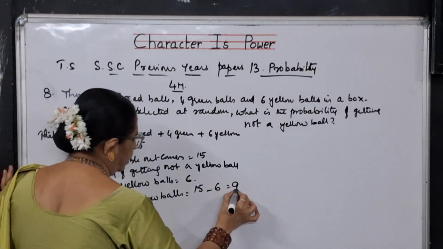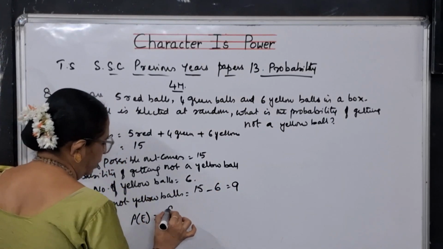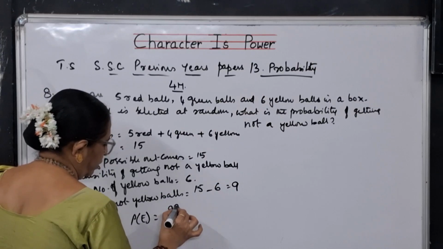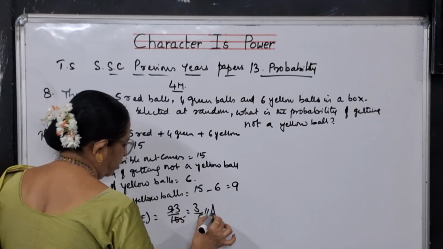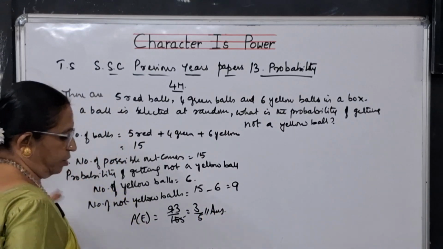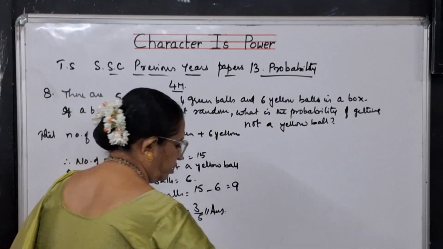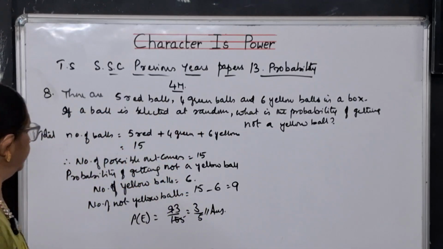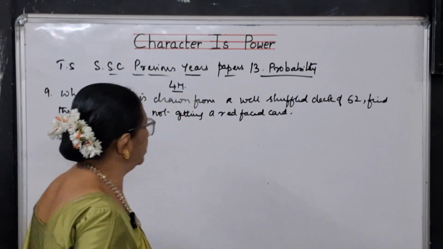So how much are you getting? 9. So what is the probability of the event? 9 by 15, that is 3 by 5. So 3 by 5 is the answer, children. Copy it. This is the 8th problem. Now let us see the next one, children.